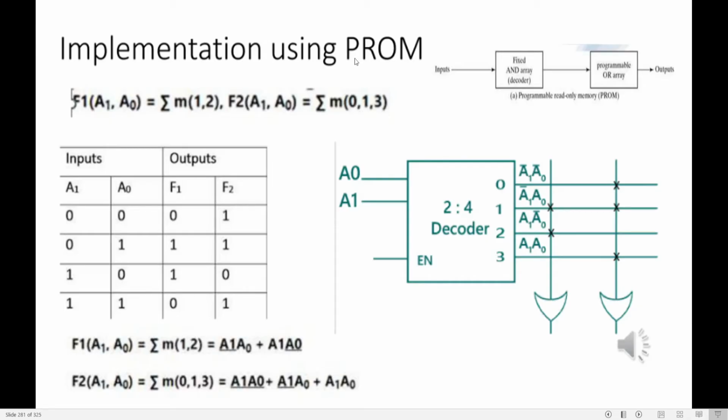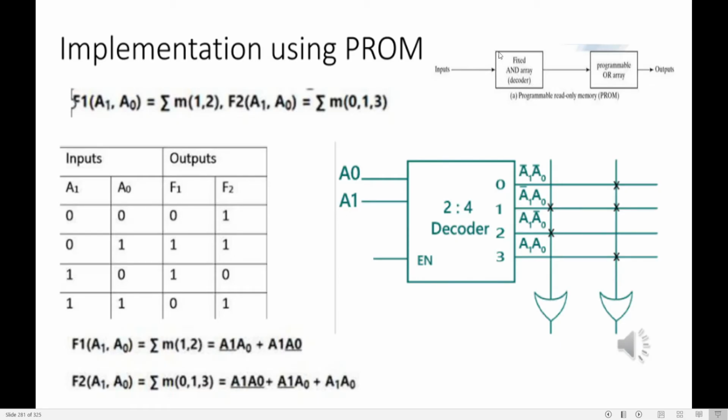So we know what is PROM, programmable ROM, which has a fixed AND array and a programmable OR array. This fixed AND array is obtained using a decoder. Suppose I have two inputs A0, A1, then I need to use a two input decoder.